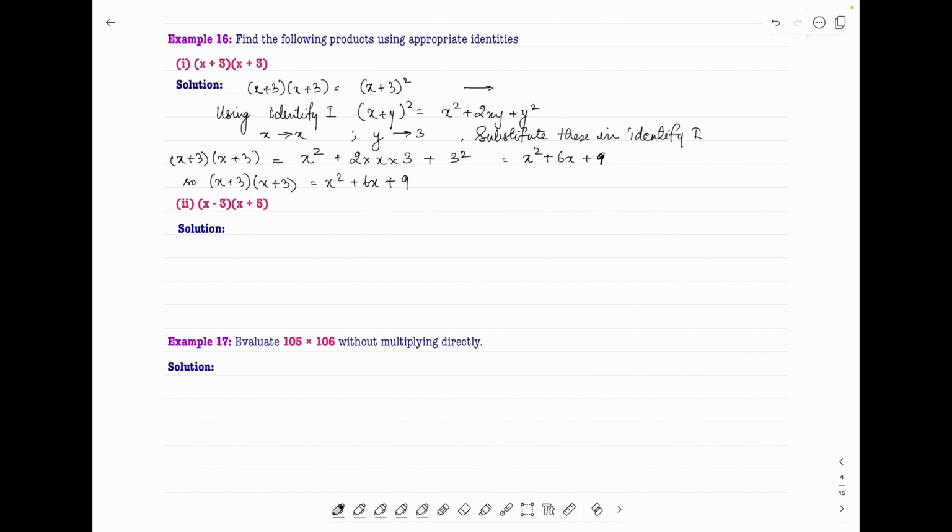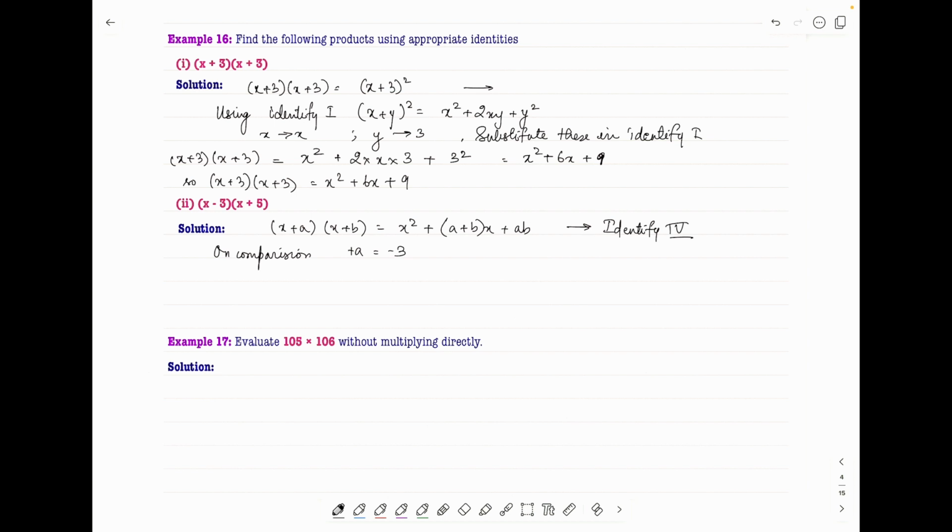Then the second part is given: x minus 3 into x plus 5. What identity will I use? We know identity 4: x plus a into x plus b is x square plus a plus b of x plus ab. Now, if you compare it with the question, instead of plus a, it is written as minus 3.